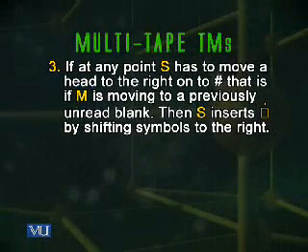So by placing dots on the symbols, the machine S has created virtual heads, and therefore it can simulate the behavior of the machine M. If at any point the machine has to move the head to the right of a hash sign, that is, M is moving to a previously unread blank, then S inserts a box with a dot on top of it by shifting all the symbols to the right.